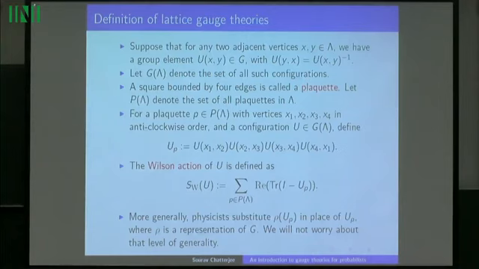This action is minimized when every U_P equals the identity. That's not a unique configuration; there are many configurations like that. In the continuum terminology, it will become clearer as we make the connection to the continuum, it's basically trying to reduce the curvature of the connection. So what do these matrices do? They're like a discrete connection, which means the following. Suppose you have a single group element at a vertex.